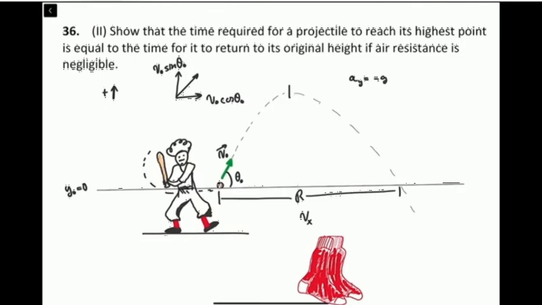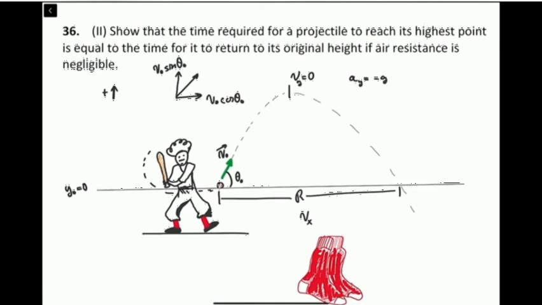We're dealing with height, so we're going to use the y component to analyze the problem. To find the time required to reach the highest point at which v in the y direction is going to be 0, we know that the final velocity here is going to be 0, and it's in the y direction.